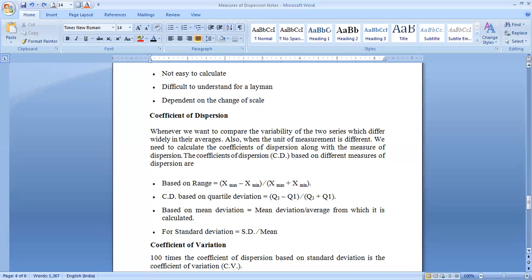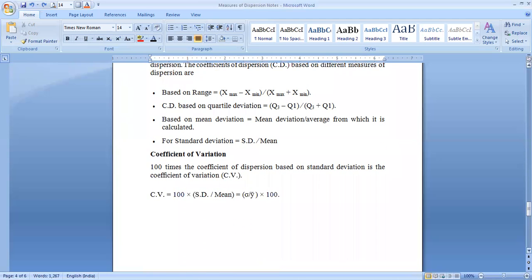Based on the mean deviation, the coefficient of dispersion can be defined as mean deviation upon the average from which it is calculated. And for the standard deviation, it is equal to standard deviation upon mean. So these are the definitions of the coefficient of dispersion.